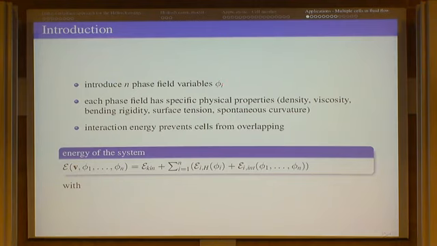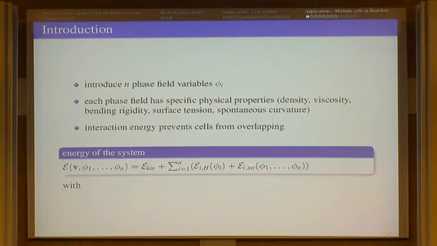then we are able to give each phase field its specific physical properties, like density, viscosity, bending rigidity, surface tension, and so on. But what we now have to introduce is an interaction energy which prevents the cells from overlapping, and this is denoted by subscript int.